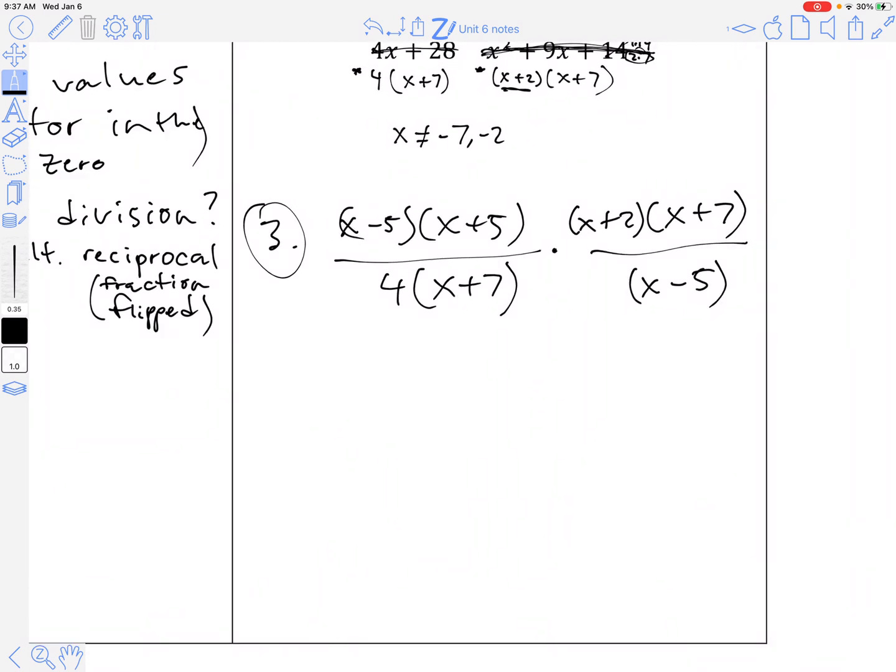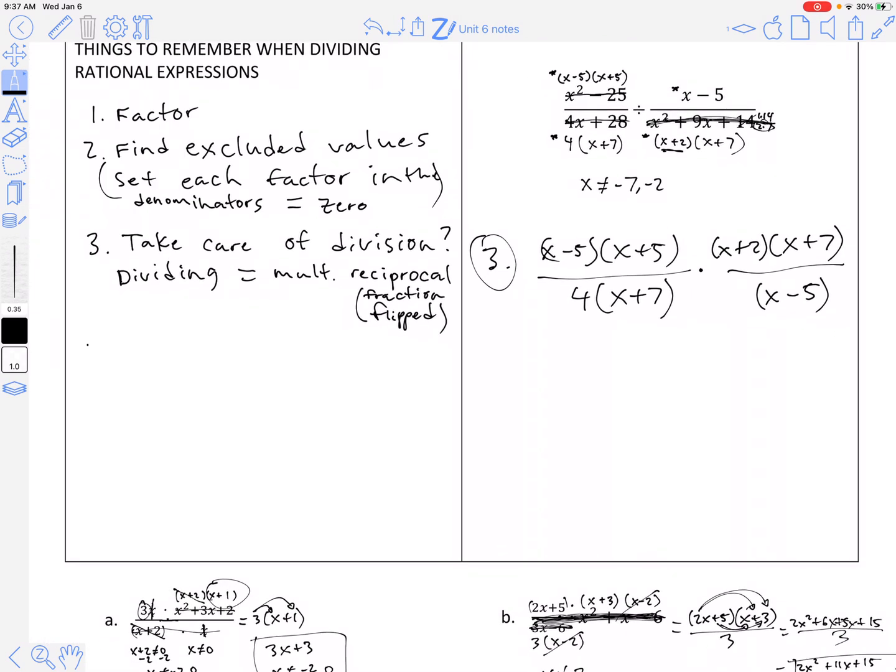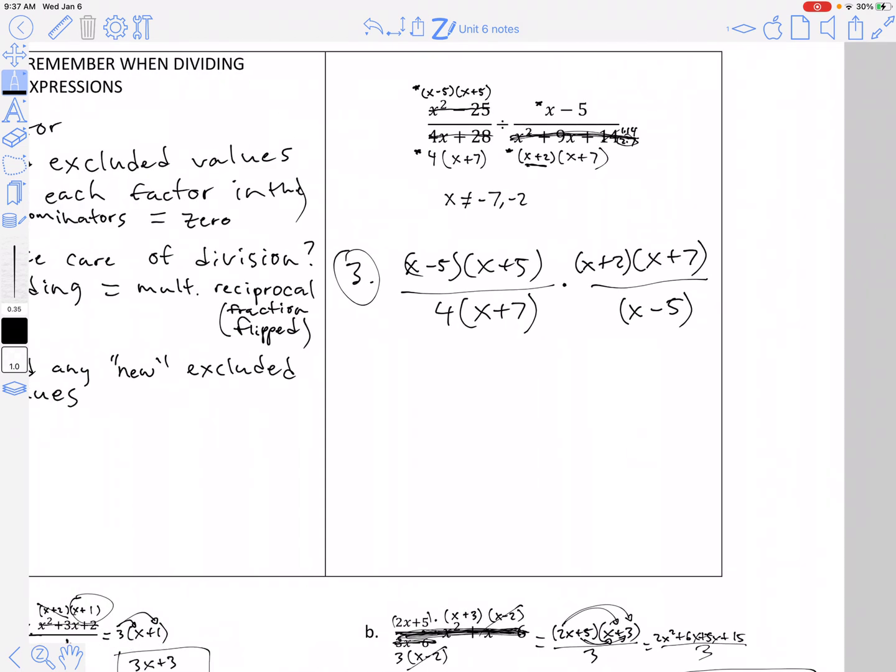So now, we have an issue, right? We just created a new denominator. So you've got to find any new excluded values. So don't forget this step. Okay, so as we look over here, we already have this one, we already did that on the left, but we don't have this one on the right, so x cannot be 5.